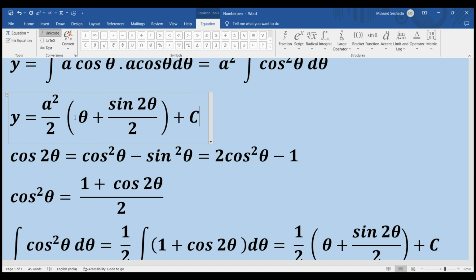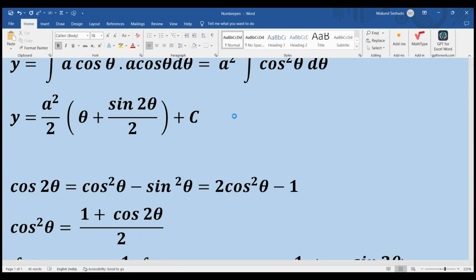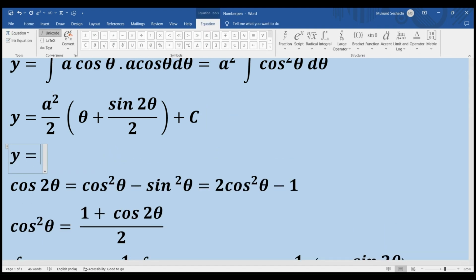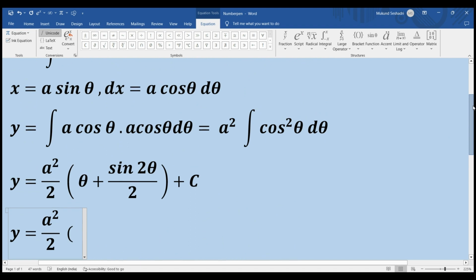I cannot leave this answer in terms of theta. We'll have to put back everything in terms of x, and that will again expect you to do a little bit of trigonometric simplification here. So let's do that in the subsequent step. So y becomes equal to a square by 2 times theta as the first part of the answer. What is that substitution that we made?